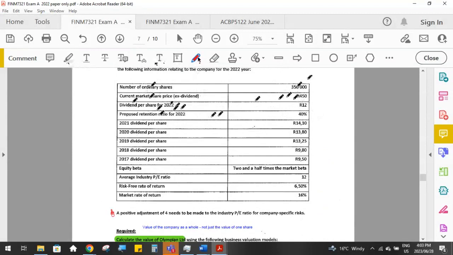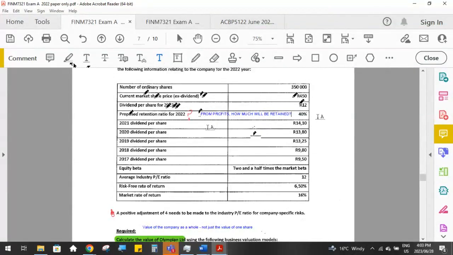So what is the retention ratio? Retention ratio means out of the profits of the company, so from profits, how much will be retained? In other words, as our retained earnings.